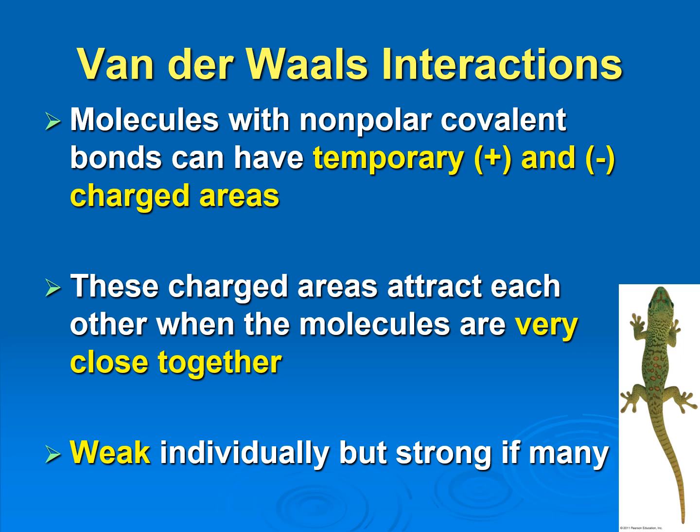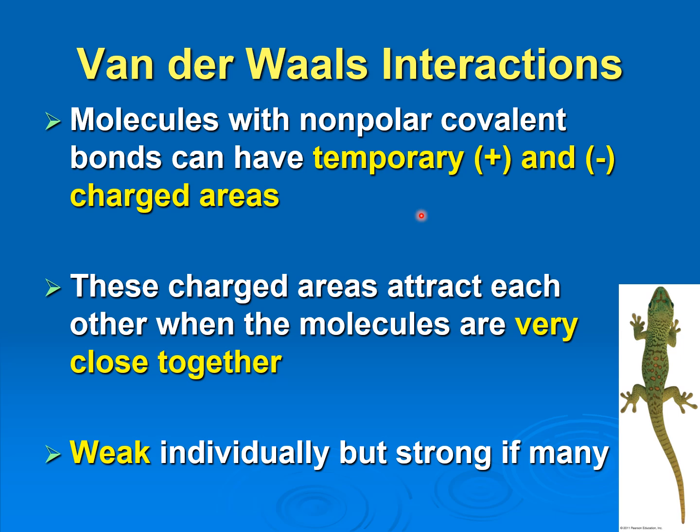Okay, and then our last bond will be the van der Waals interactions. And these are very weak bonds individually, but they can be strong if you have lots of them. And these are going to be found in nonpolar covalent molecules. And what happens in these nonpolar covalent bonds is that as they're sharing, the electrons are moving between the two atoms.